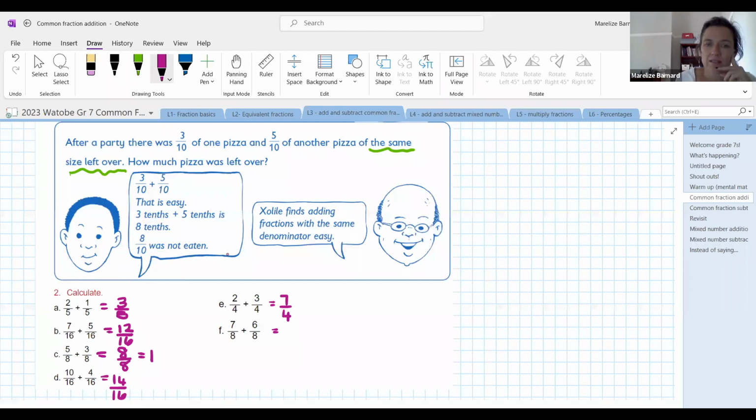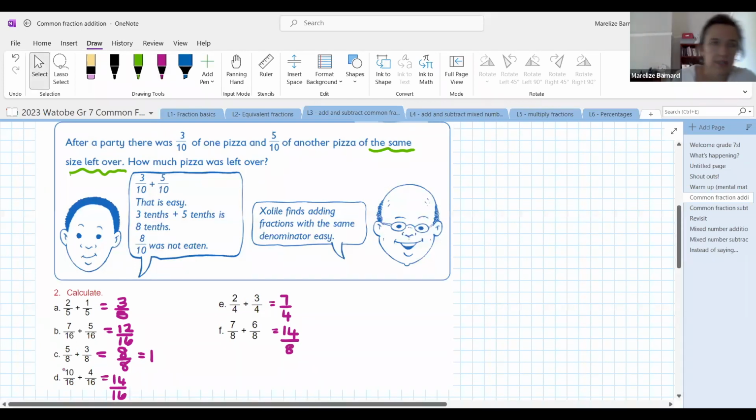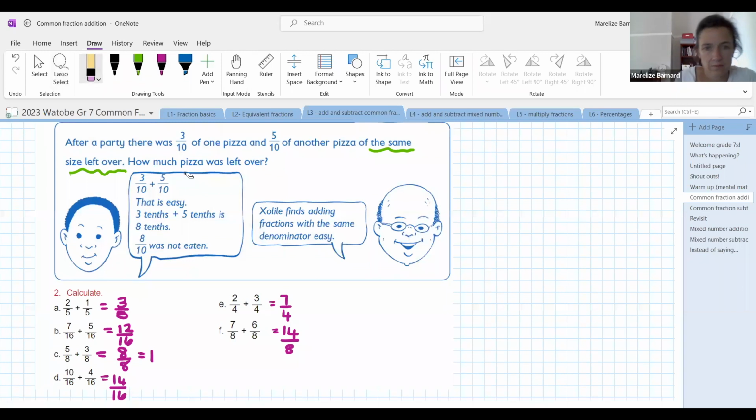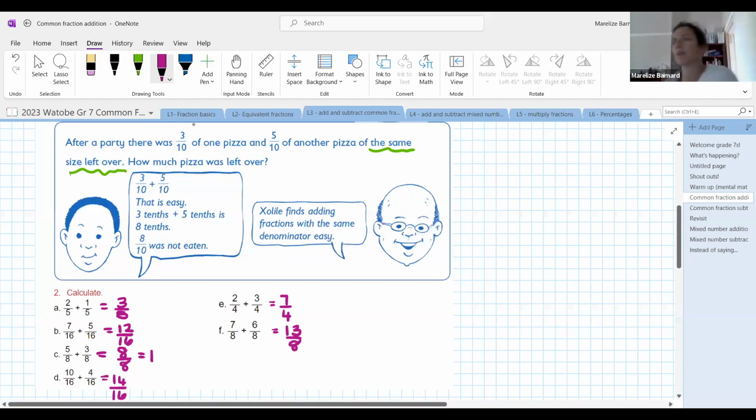And 7/8 plus 6/8, altogether I have 13/8. Okay, good stuff.